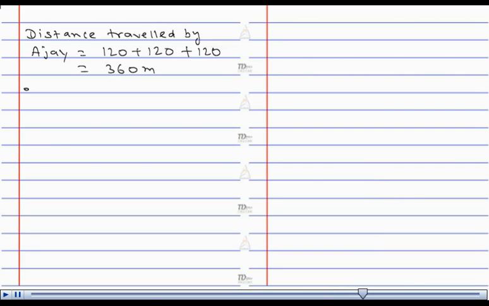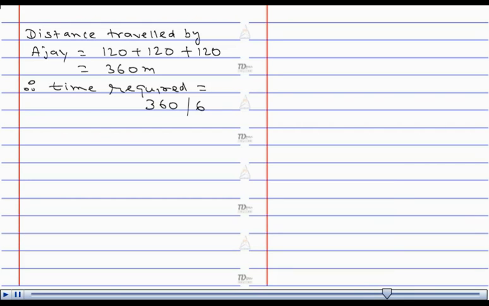Distance travelled by Ajay is equal to 120 plus 120 plus 120, which is equal to 360 meters. Therefore, time required is equal to distance, that is 360, divided by the speed of Ajay, which is given as 6 meters per second.